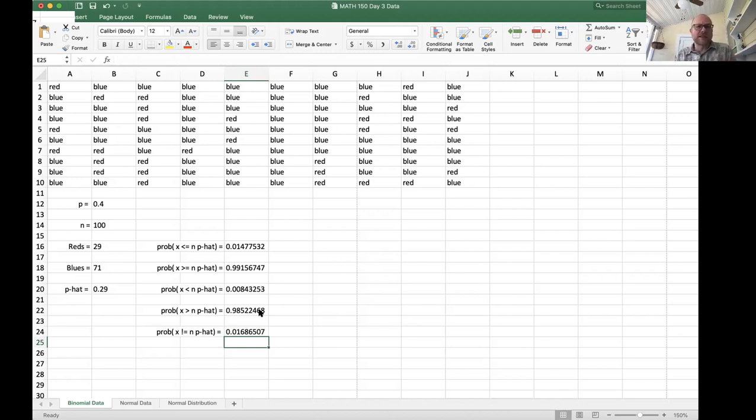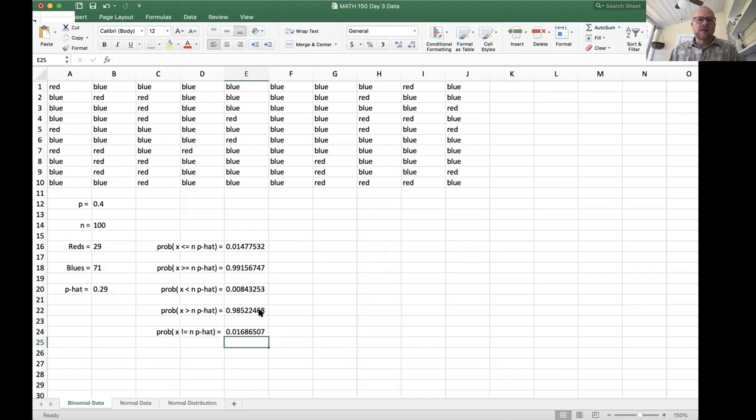And so what we are actually calculating is the probability that somebody would get the number that we did with the p-value being what we claim it is and the n-value being what we know it is.